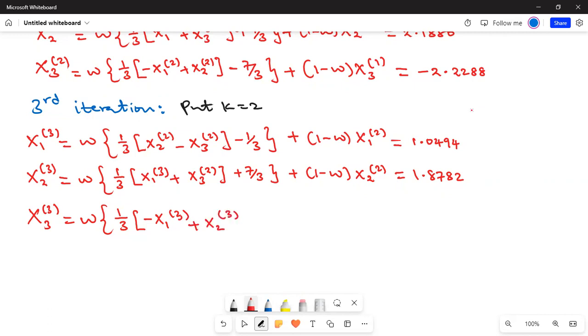We are using the immediate values that we have obtained, minus 7 over 3 plus 1 minus omega x3 at level 2. That should give us negative 2.0141.